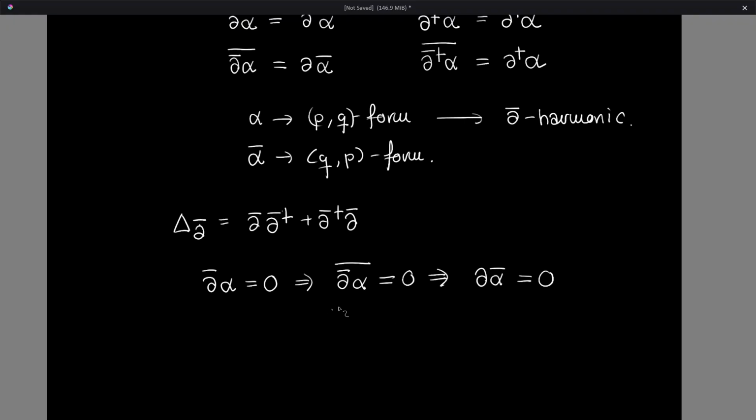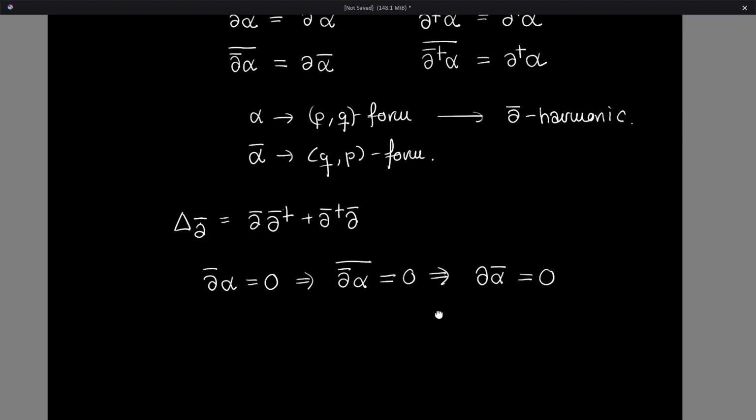So what we did here is first we took the conjugate of the entire equation. 0 conjugate is obviously 0, and then we use this identity in order to establish the second implication.